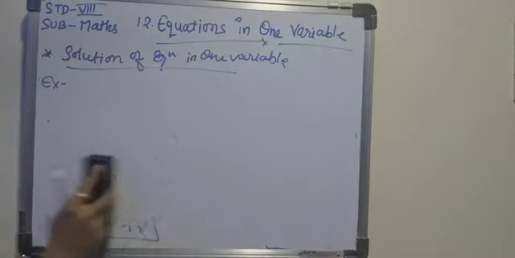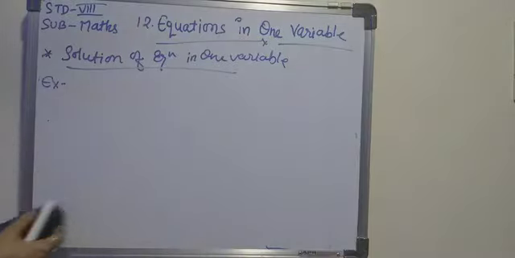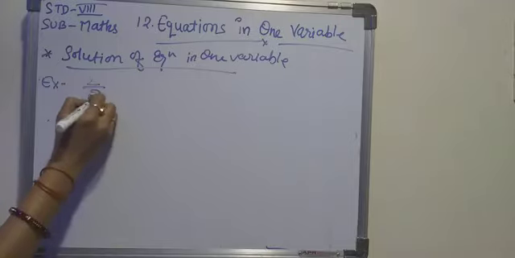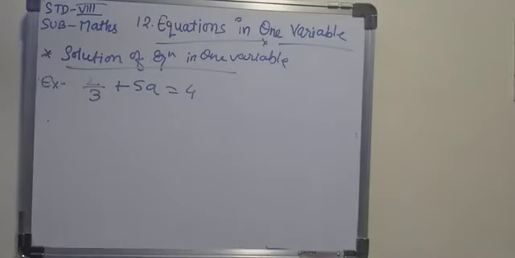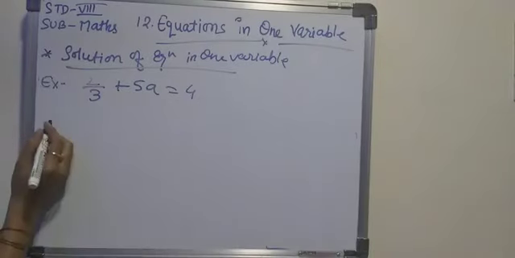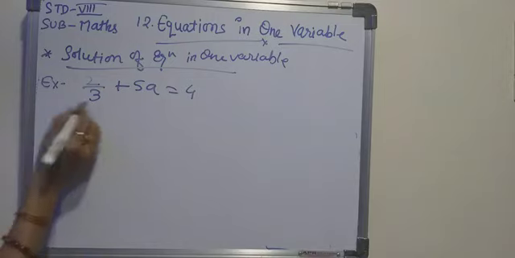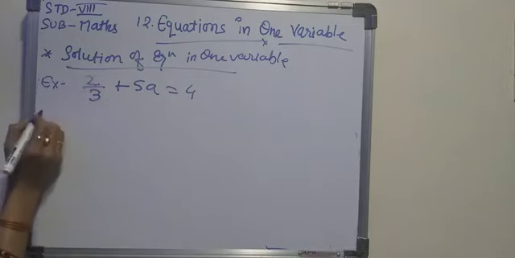Let's see one more example. 2 upon 3 plus 5a is equal to 4. Your first step is to remove this fraction. So what you have to do?